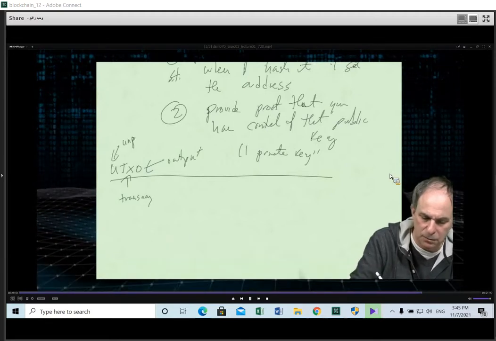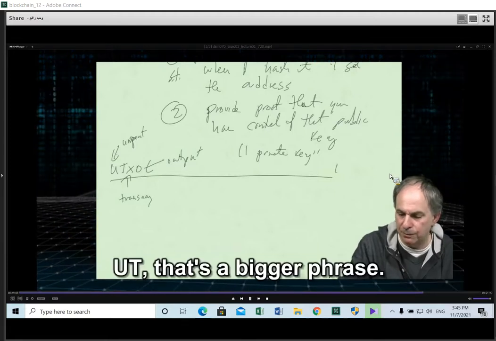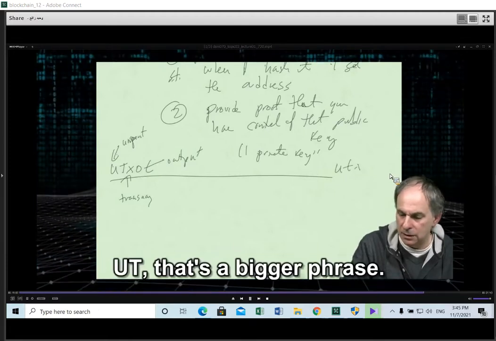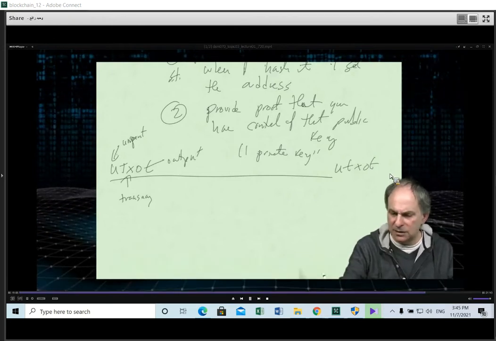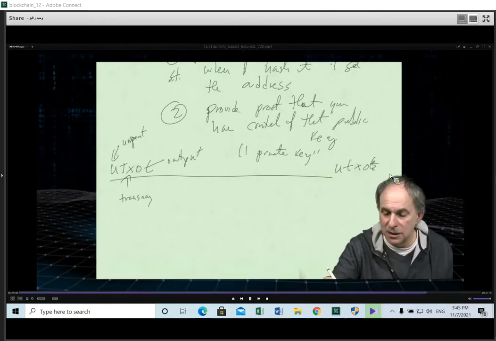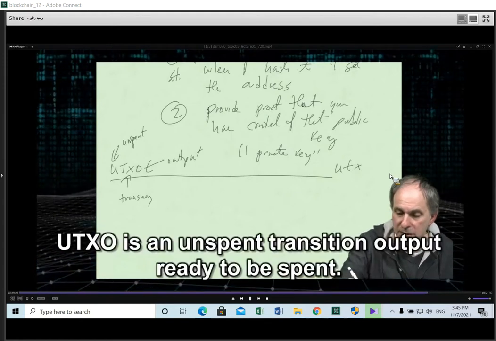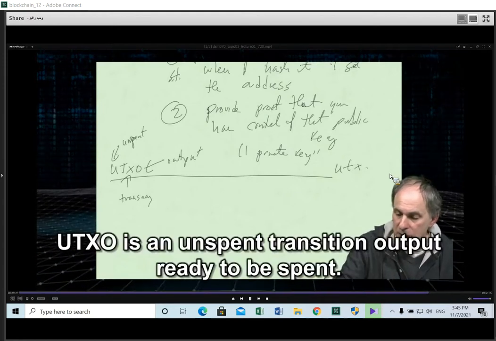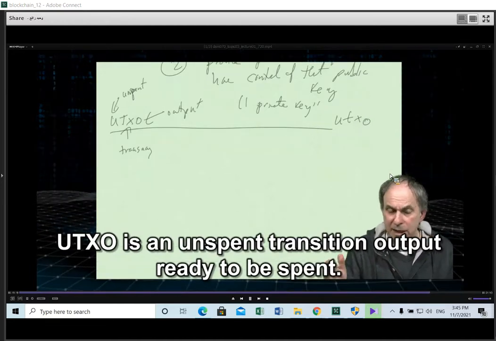So a UTXO is an unspent transaction output, ready to be spent.